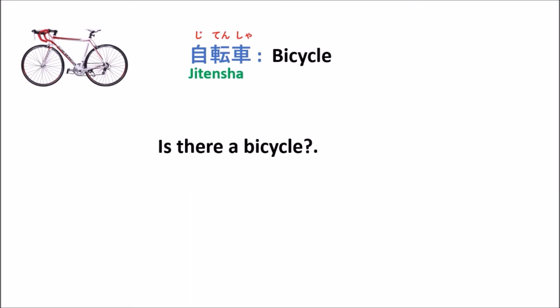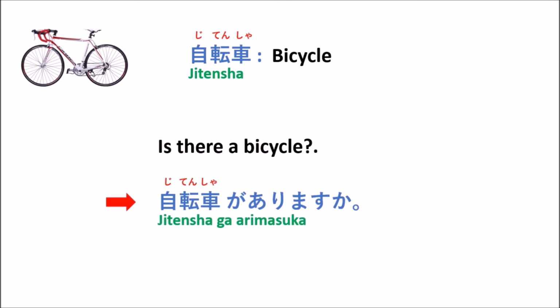Now let's say we want to create a question sentence like, is there a bicycle? How do we create the question sentence in Japanese? You can say 自転車がありますか? It means, is there a bicycle?